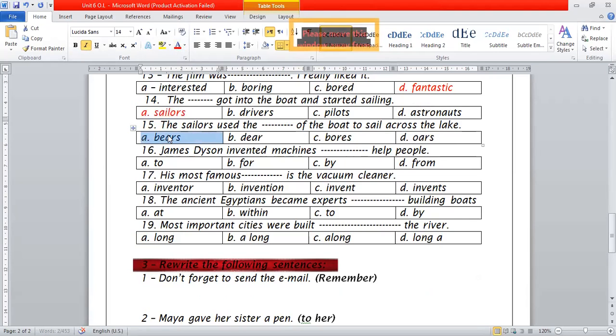Number 15. The boat needs something which is called oars. Oars are two poles. You can use one in the right hand and the other in the left hand in order to sail across the lake. This is called an oar.